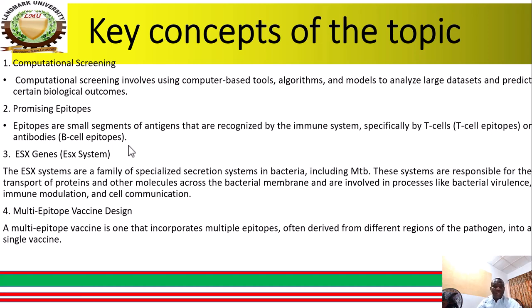The ESS genes are systems of specialized families of bacteria which include Mycobacterium tuberculosis, which are basically responsible for the proteins of certain molecules on bacterial membrane and is very responsible for the virulence of bacteria, in which they use in immune modulation and cellular communication.